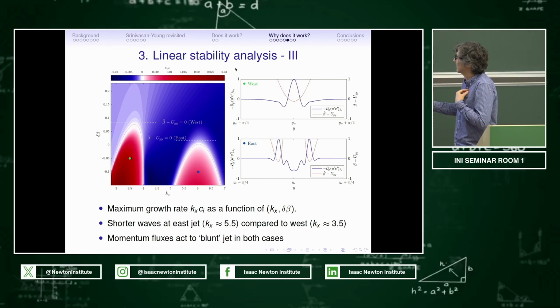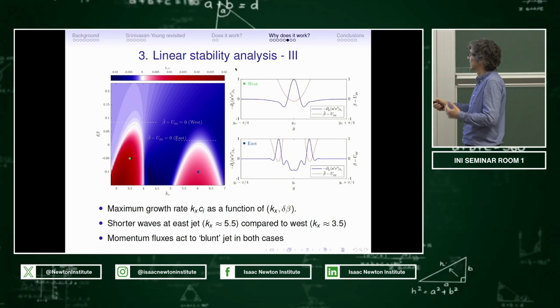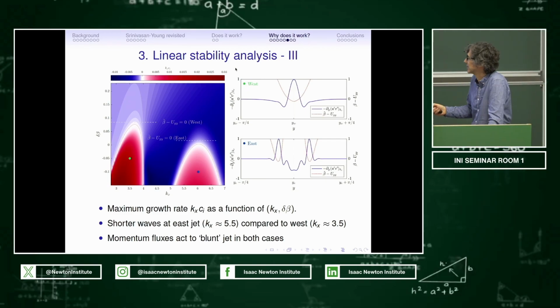And 0, which is our actual flow, is here, which shows that in this particular example we're just in the unstable regime for two different separate modes, and they're the only two modes that are unstable. The features of these modes are that on the westward jets the waves are longer, just like we saw in our calculations, and on the eastward jets the waves are shorter. We've got wave number 6 on the eastward jets and 3.5 for the most unstable wave on the westward jet.